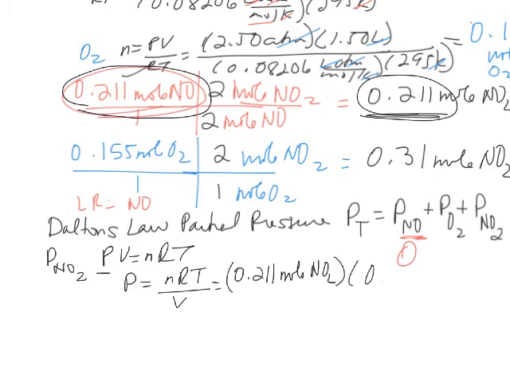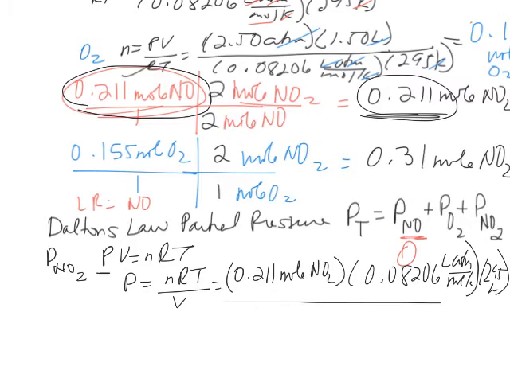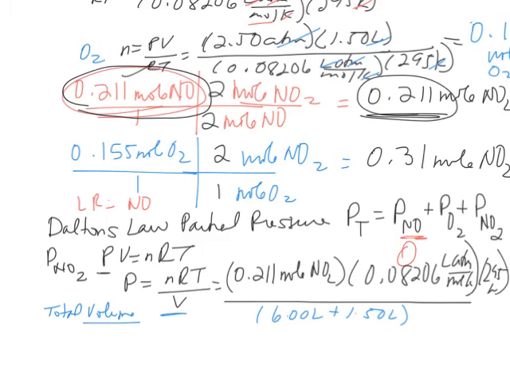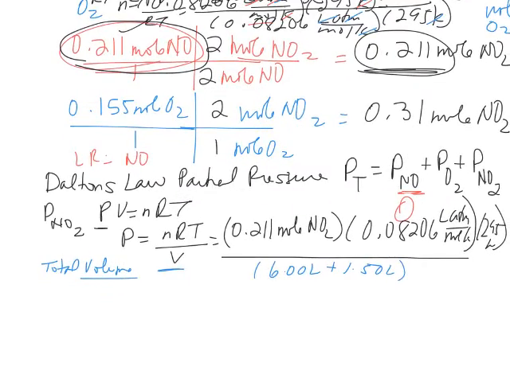R is 0.08206 liters atmosphere per mole Kelvin, and our temperature is 295 Kelvin. Our volume, now this is the key here, okay guys? This is where a lot of people mess up. This will be total volume now, remember? The stopcock is open, so our volume now is 6.00 liters plus 1.50 liters. It's total volume here, because this is after the reaction has been going.